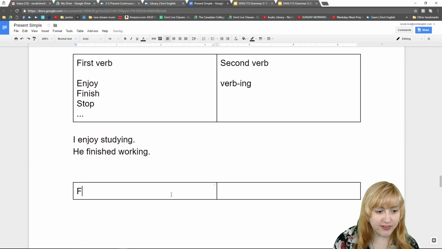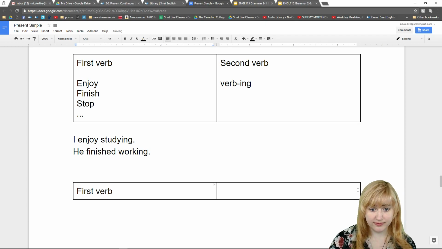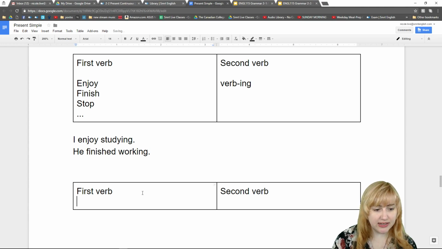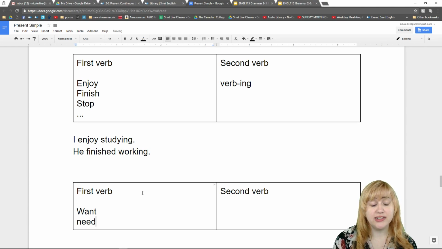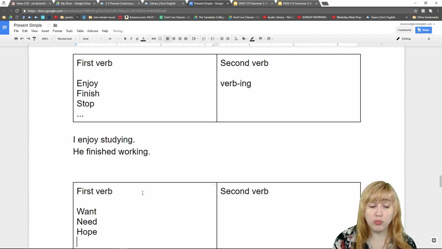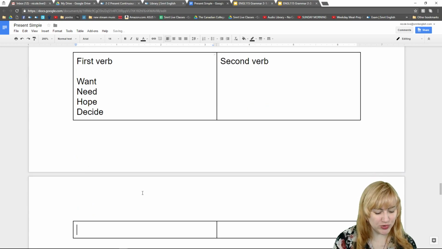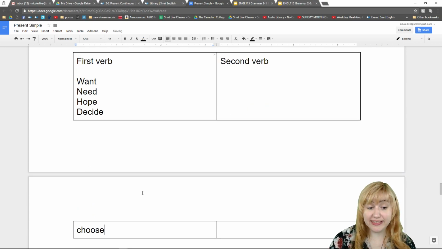Okay. If your first verb is something like want, need, hope, decide, choose, something like that, then your second verb, we're going to use a to infinitive.